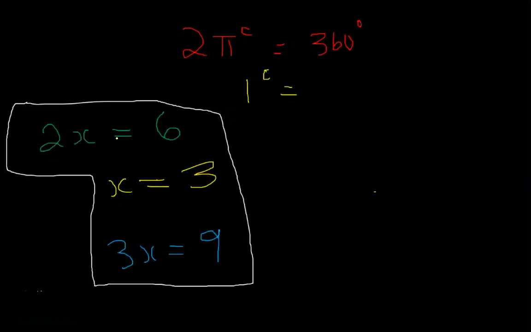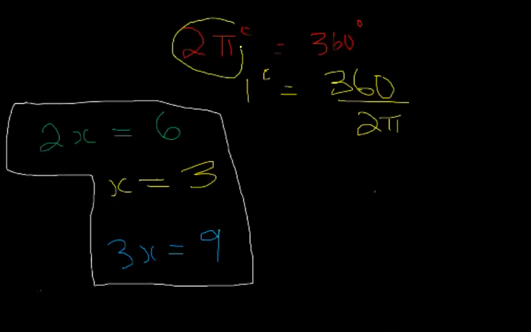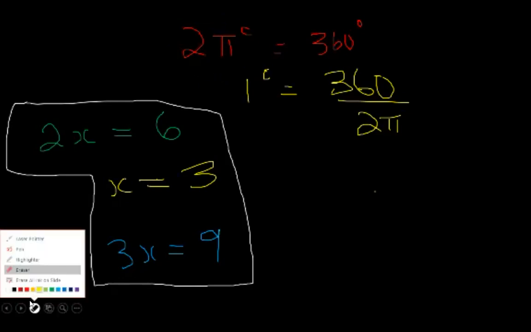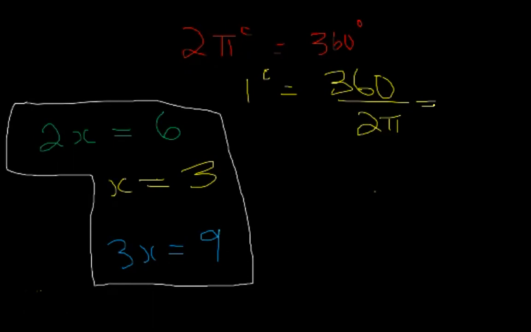Just like we said, if 2x is equal to 6, x is equal to 6 divided by 2, which is 3. 2 pi radians is equal to 360 degrees. Therefore, 1 radian has to be equal to 360 divided by 2 pi. I think it was Kristen that answered me just now.